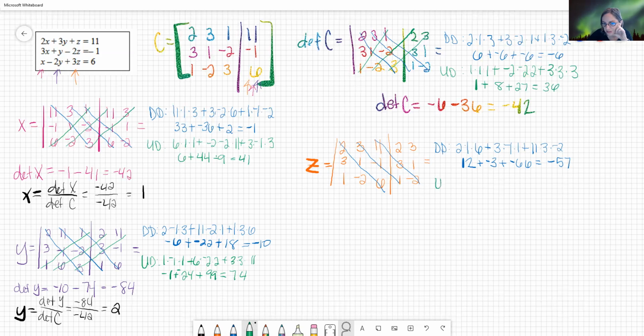I can use the upwards diagonals next. 1 times 1 times 11, plus negative 2 times negative 1 times 2, plus 6 times 3 times 3.